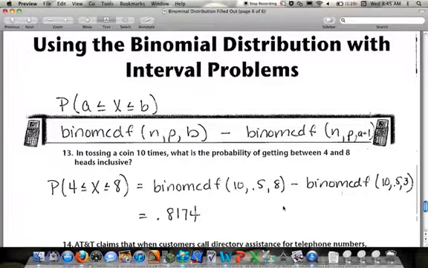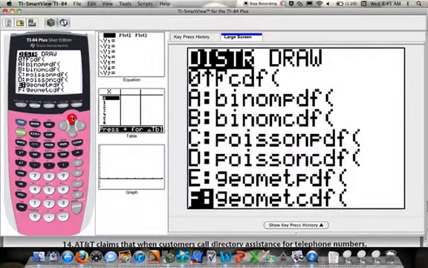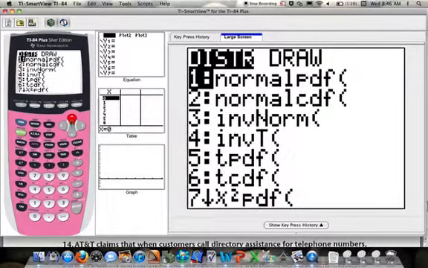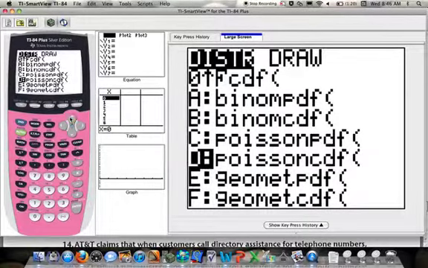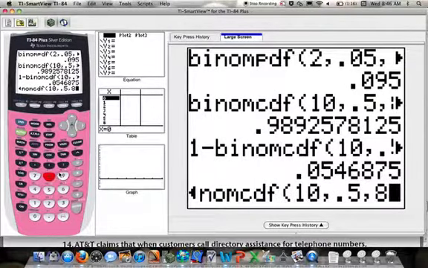So I type those 2 things into my calculator, so I can do that for you here. Oops, and it's going a little fast on me again. And I'll do then my 10, comma, my 0.5, comma, 8.